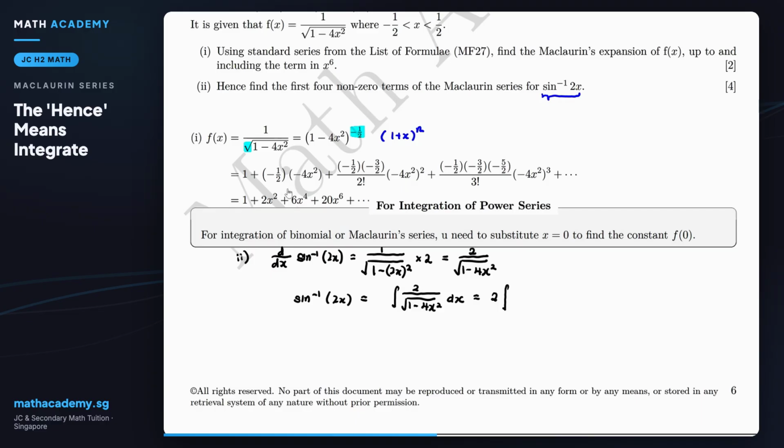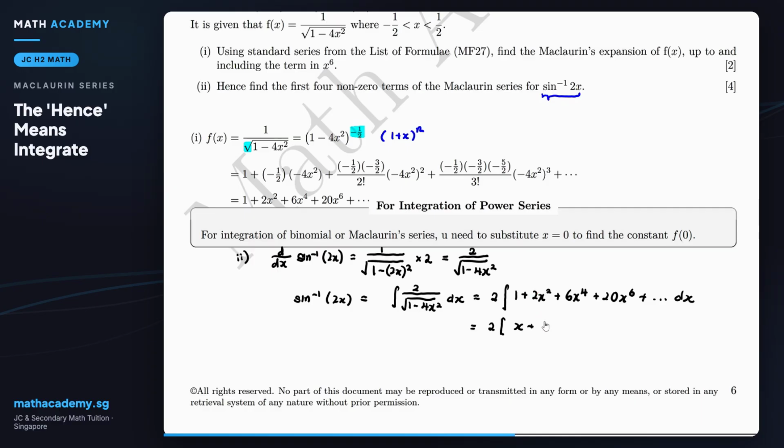If I take out 2, what is the expression? 1 over root of this term. We have found the answer there. So we take that expression, we put inside. Okay, let's continue to integrate the whole thing.